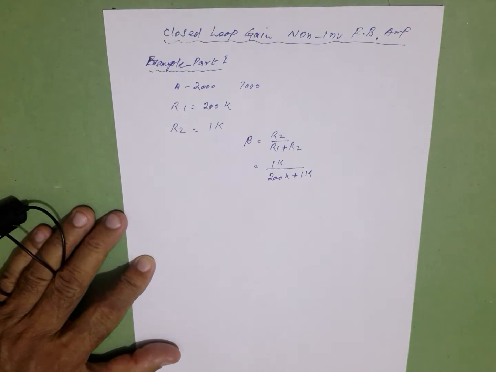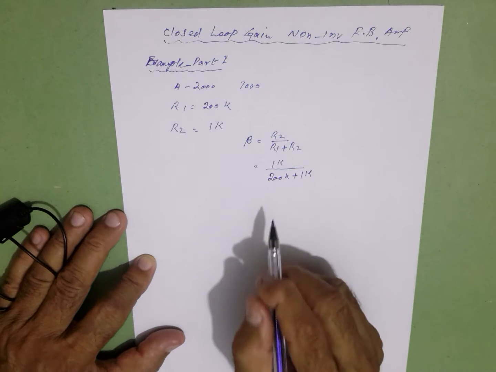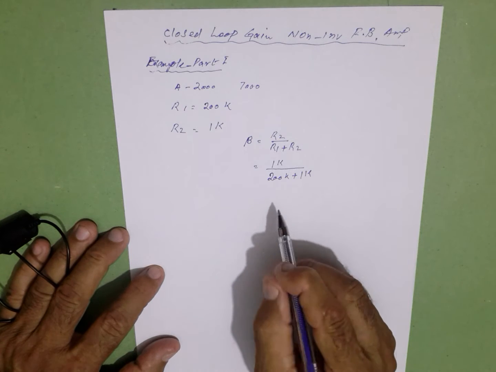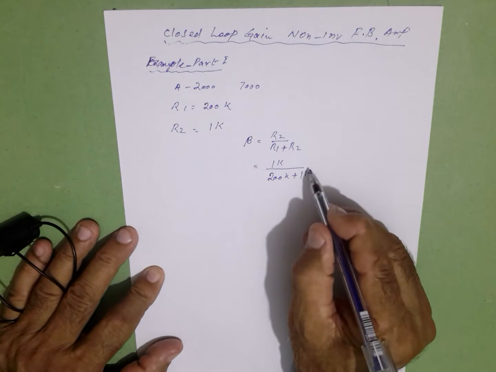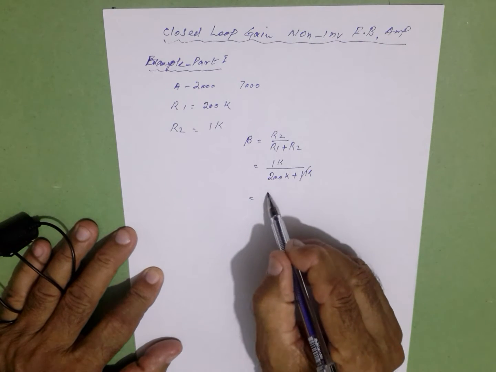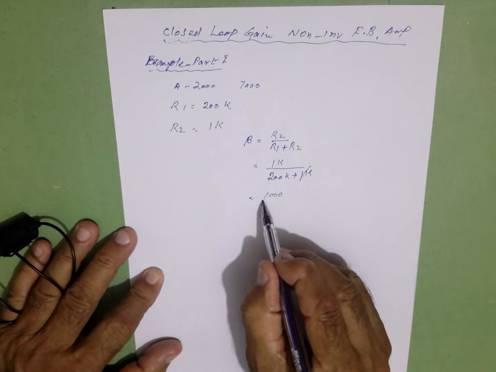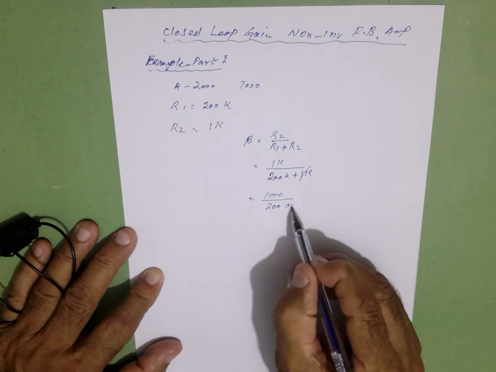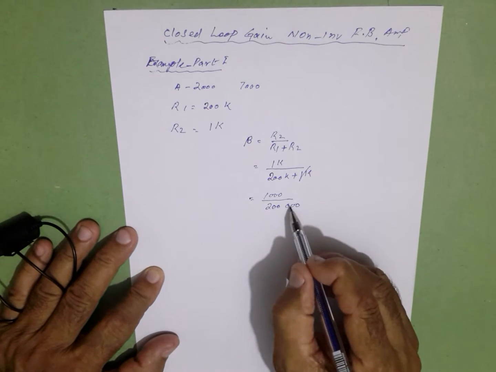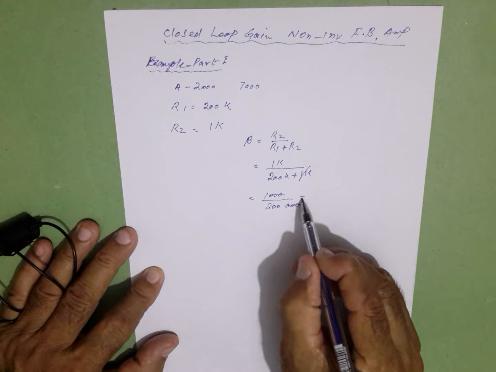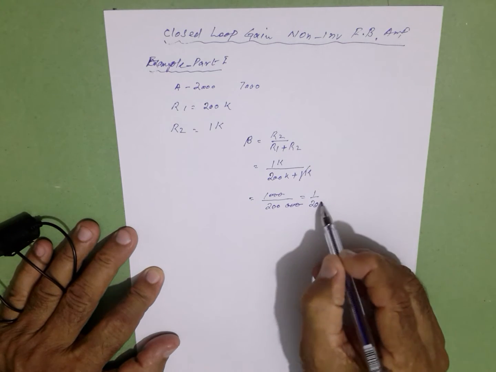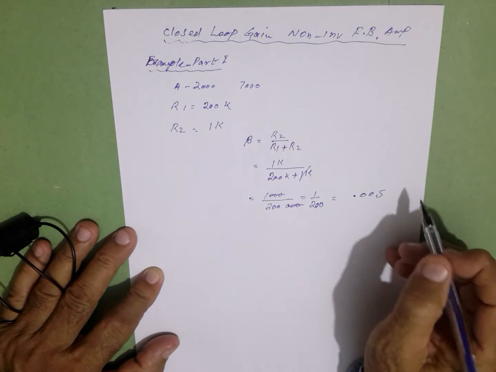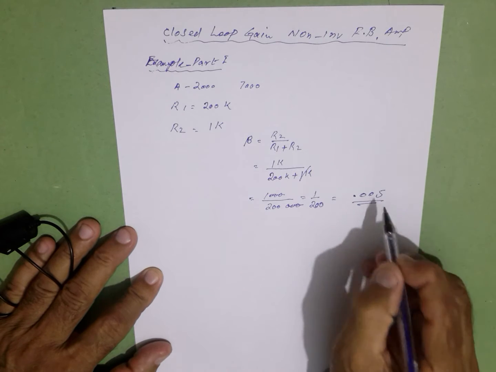And we know that when two resistances, one with a high value and one with a low value, are connected in parallel, the low value resistance can be neglected, and we can write 1000 over 200,000. These 3 zeros cancel with these, and we are left with 1 over 200. This is nothing but 0.005. This is our beta.